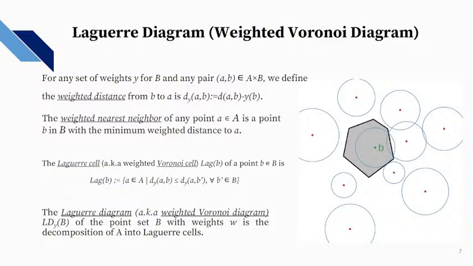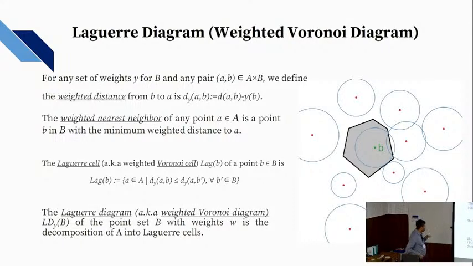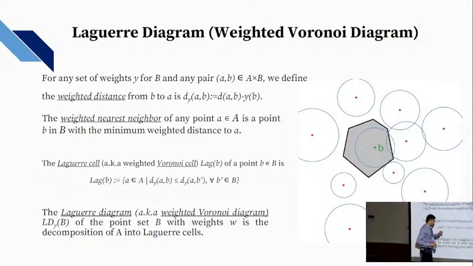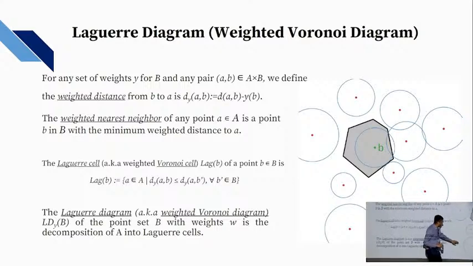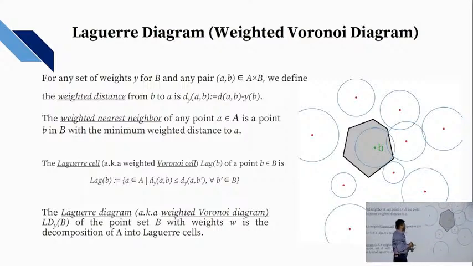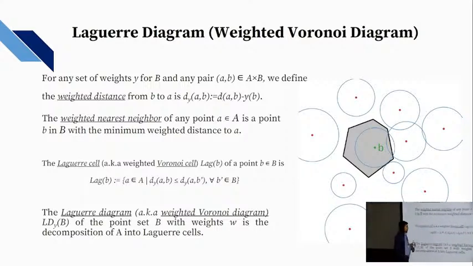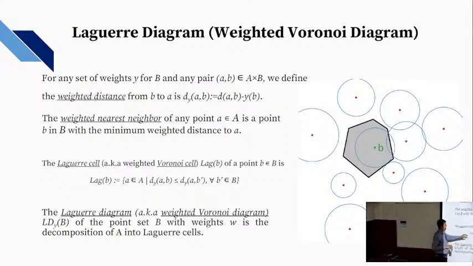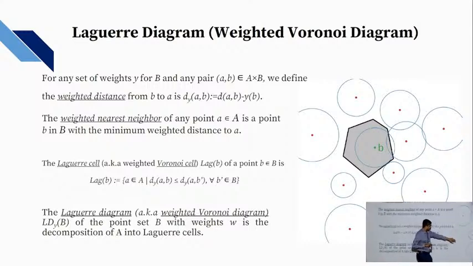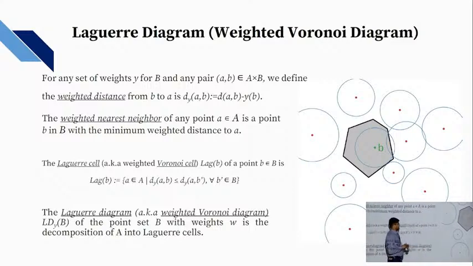Let's define the weighted distance. Imagine you have the support of your discrete distribution. Now imagine a set of weights assigned to this. So YB is the weight assigned to the point B, one of the points in the discrete distribution.